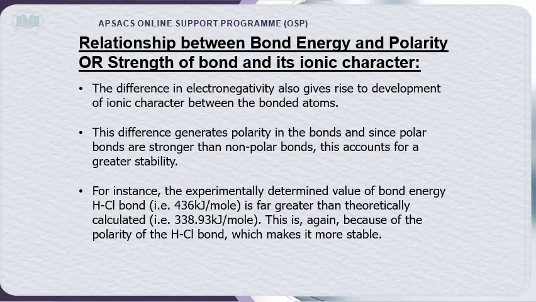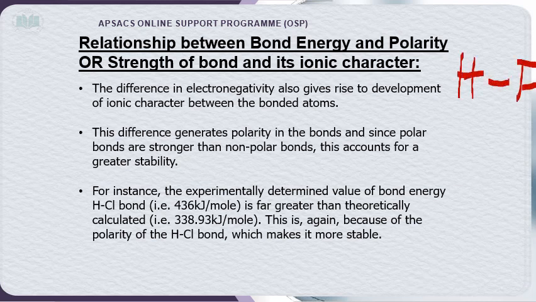Here it is given. What is the relation between the bond energy and polarity, or the strength of bonds and their ionic character? This is just a repetition as I told you earlier. In the case of hydrogen halides, you have done HCl, HF, HBr. All these were polar molecules, right? There is a difference of charge.